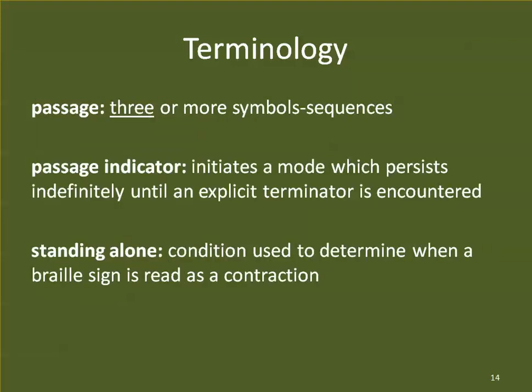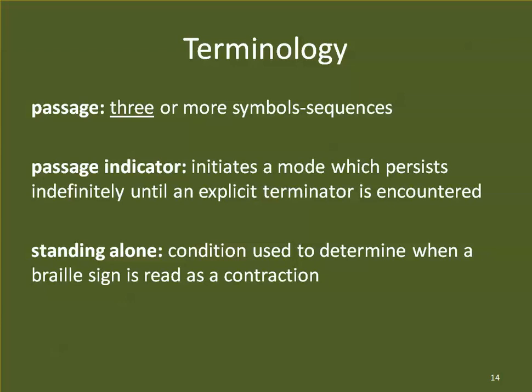A passage is 3 or more of those symbol sequences. And before, in EBAE, a passage was more than 3 words. Think of an italic passage. You double italic the first word, and then at the 4th or 5th or whatever word it was, you would put in the final italic sign.